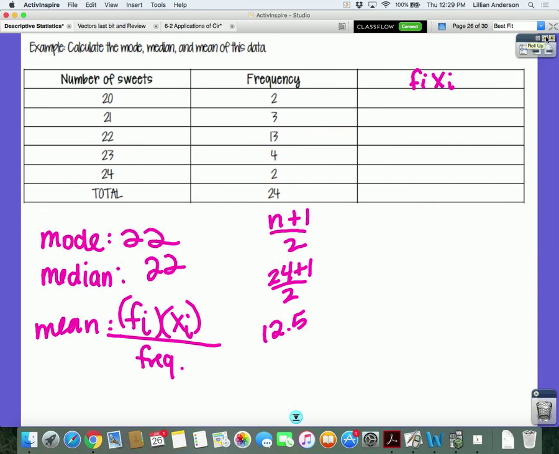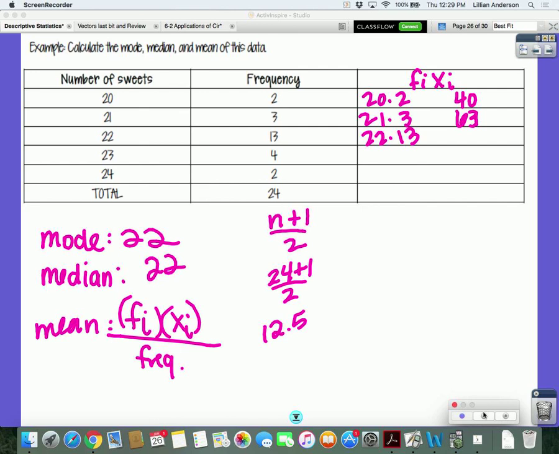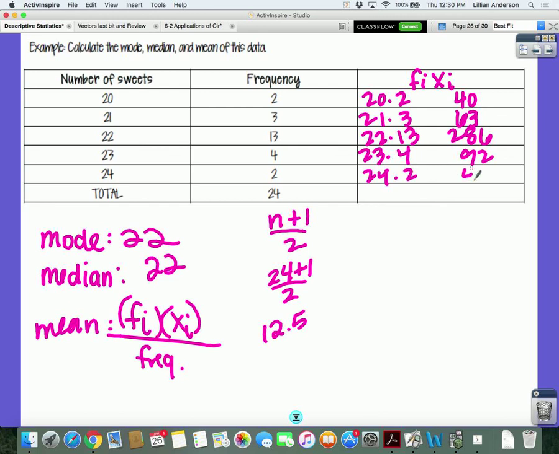We're going to have 2 times 20, which is 40. 21 times 3, which is 63. 22 times 13, which is 286. We're going to have 23 times 4, which is 92. And then 24 times 2, which is 48.